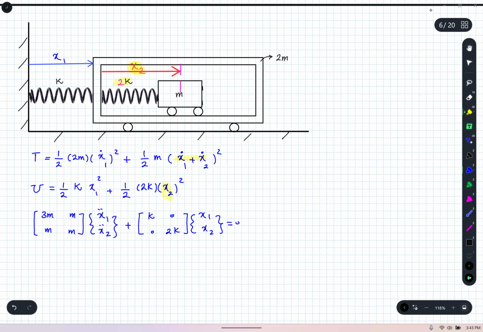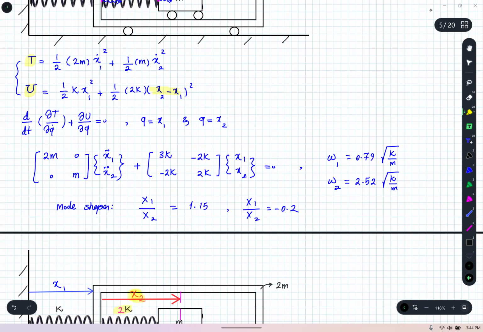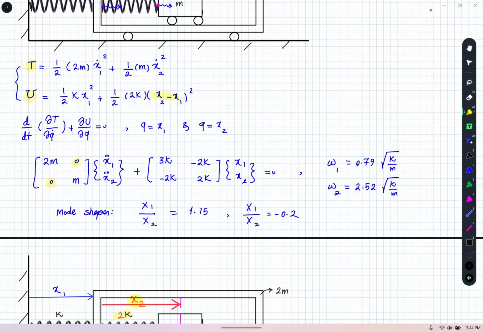Now let's compare. Obviously, you see the difference here. It is diagonal for the stiffness matrix, and it's a coupled matrix for the dynamic one, unlike this one, which you have different values, right? If you compare them.